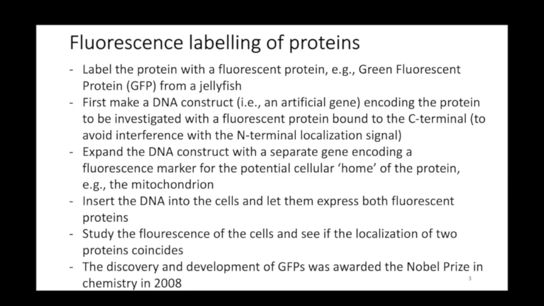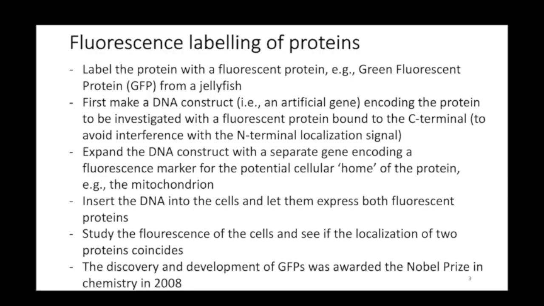Then you expand the DNA construct with a separate gene encoding a fluorescent marker for the potential cellular home of the protein, for instance, the mitochondrion. You insert the DNA into the cells and let them express both fluorescent proteins, both the ones you want to investigate and the mitochondrial marker.